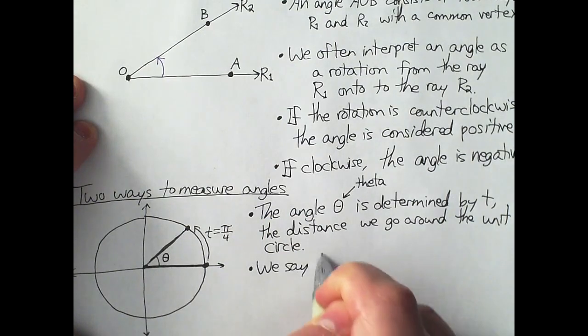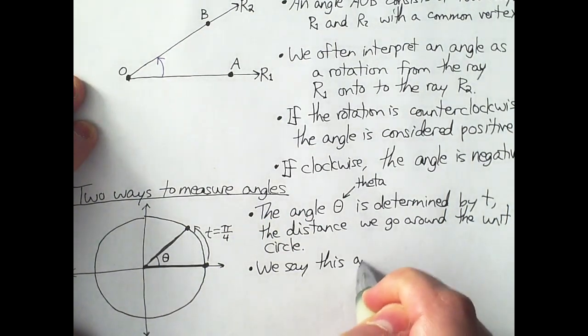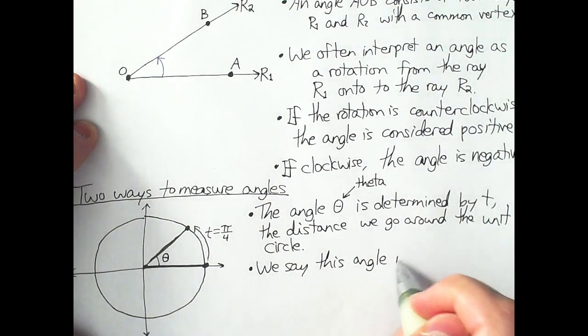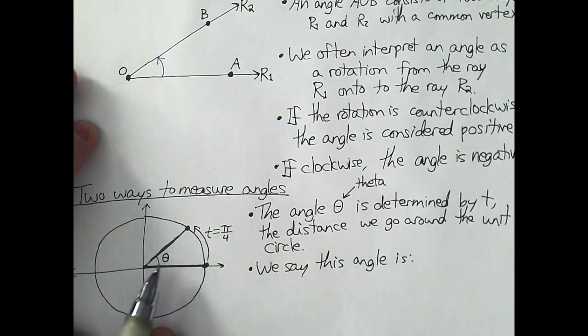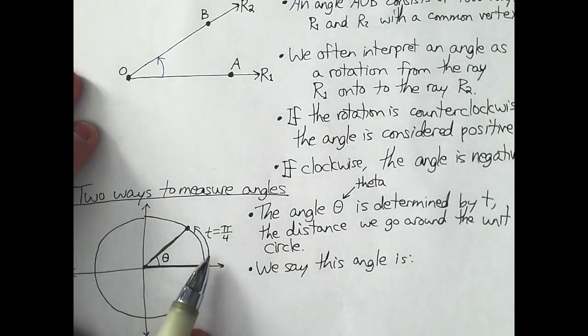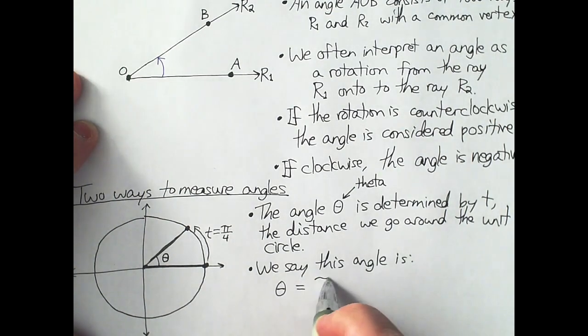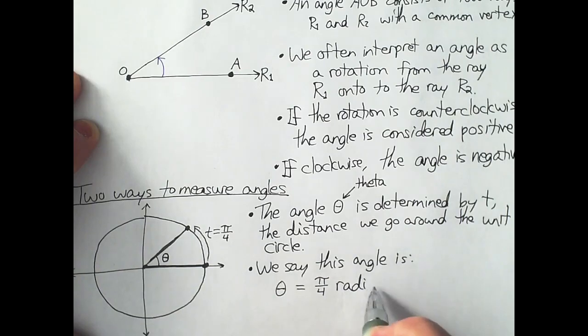We say this angle is, and I'm talking about this particular angle in this example, t is pi over 4, and we wind up saying theta equals pi over 4 radians.